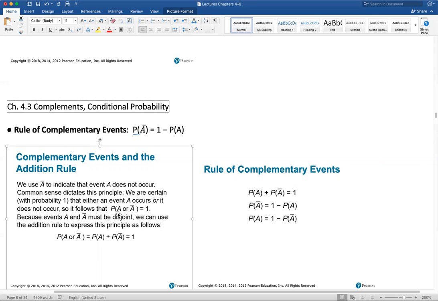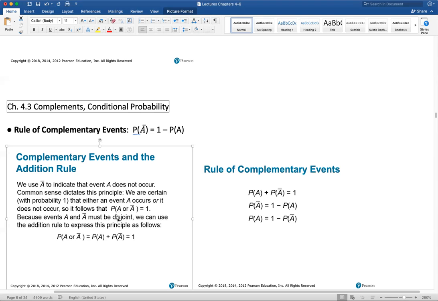So the probability of A or A bar means the probability that you get a head or tail. Is there any other options? No, right? You should get head or tail when you're tossing a coin one time. So the probability of A or A bar must be 1. It makes sense, right? Because events A and A bar must be disjoint. Disjoint means mutually exclusive. It means that there is no common outcome between A and A bar.